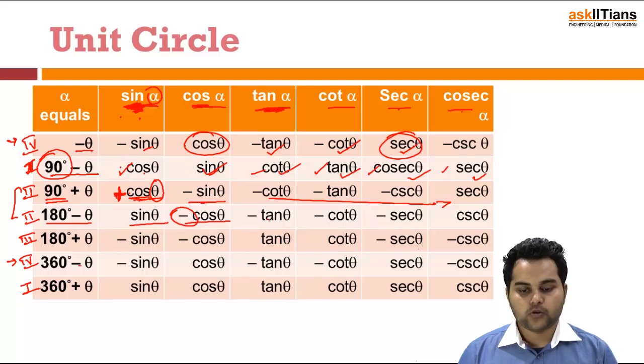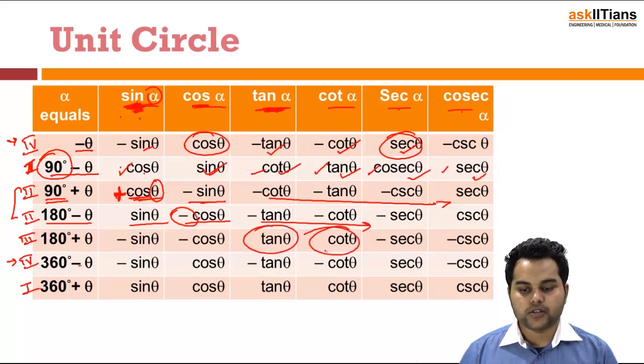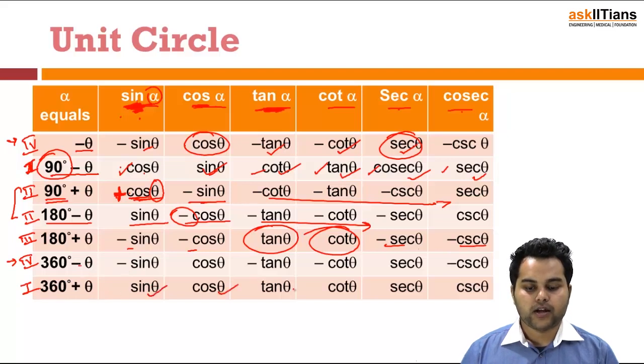In the third quadrant, I have 180 plus theta, where tan would be positive and cot would be positive. There would be no trigonometric ratio change, just a sign change for all the rest of the 4. Now for the last one, the first quadrant, all are again positive.